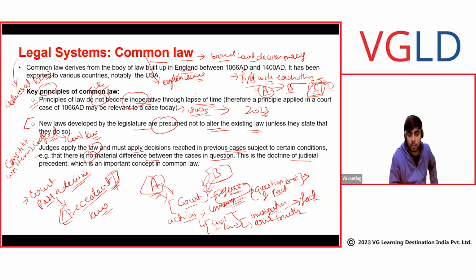The doctrine of judicial precedent is an important concept in common law. What it means, let me tell you.